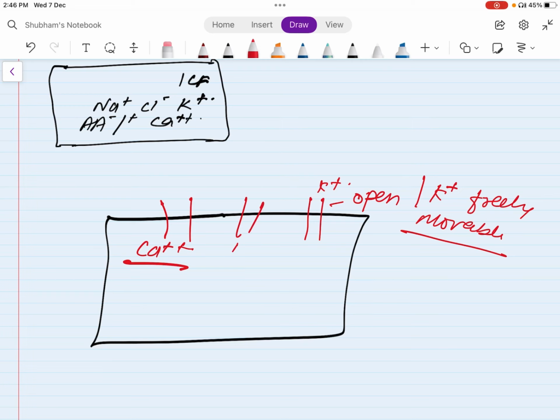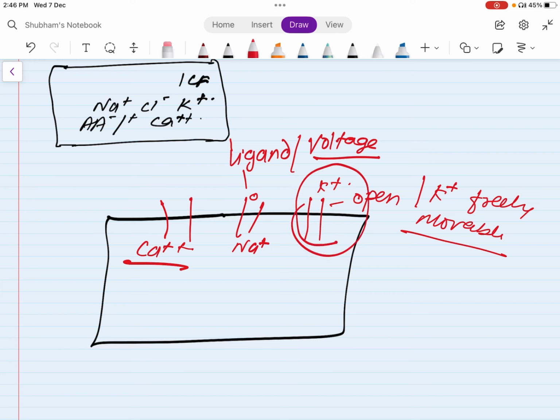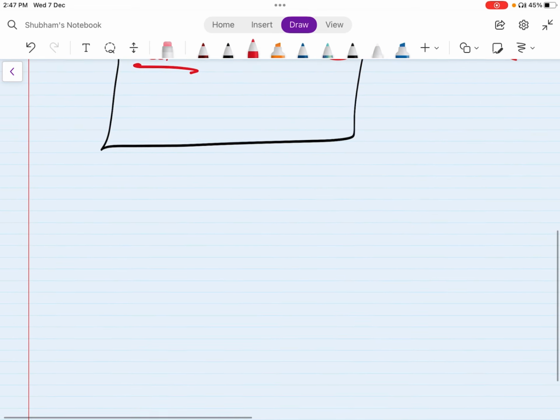And we have sodium channels, which are either ligand gated, meaning they need a ligand before they can open, like a gatekeeper, or voltage gated, where after the voltage changes to a certain point, the channel will open. But only these potassium channels are freely movable. They can move in and out. There is nothing that can stop them.